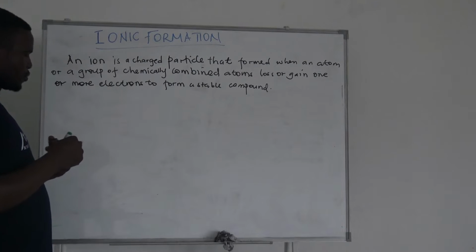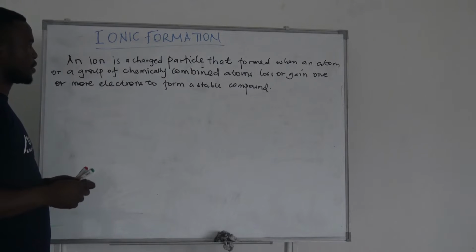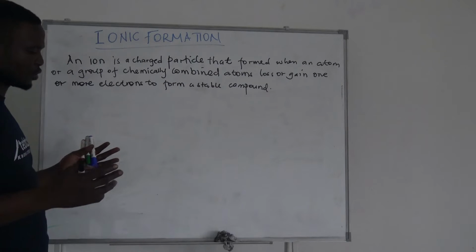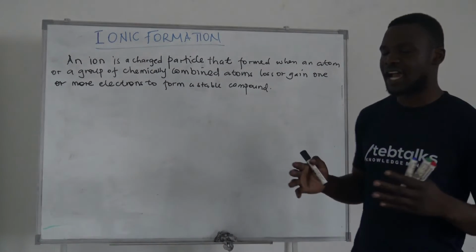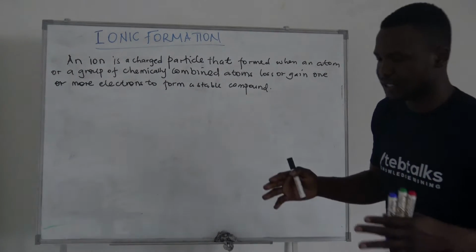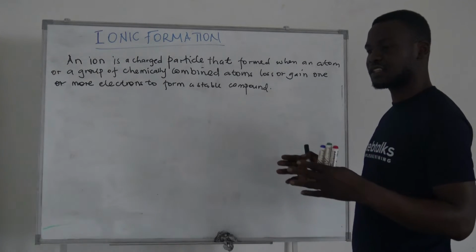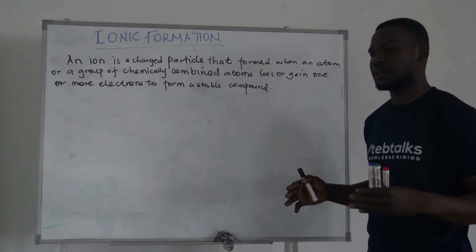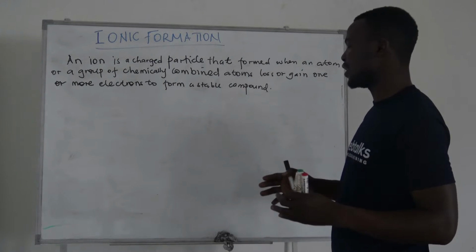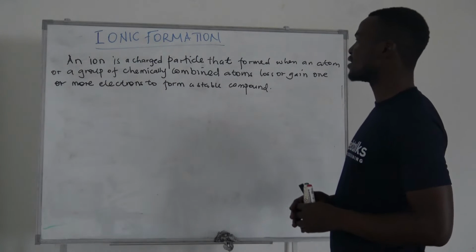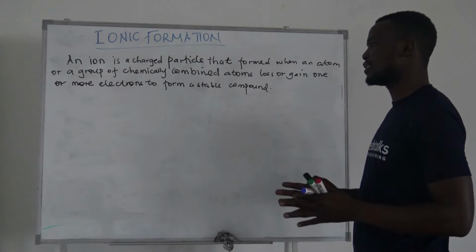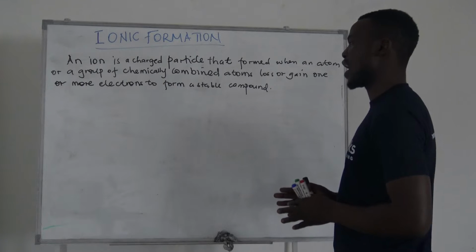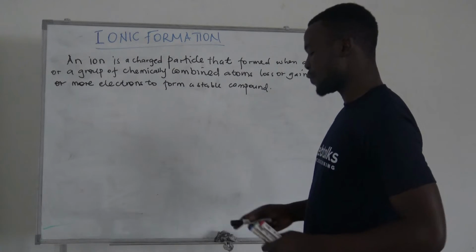Now, we know from O level that if an element loses electrons, then it becomes positively charged. The element that gains these electrons becomes negatively charged. That means that we have two different types of ions: a positive ion and a negative ion.